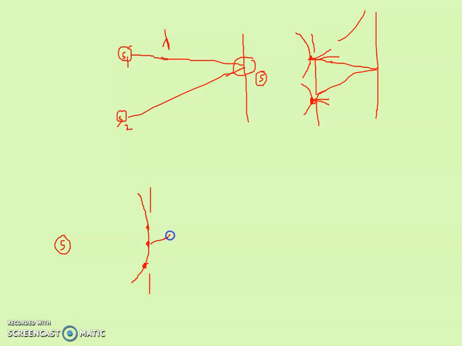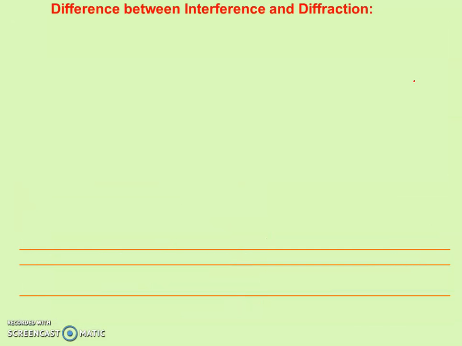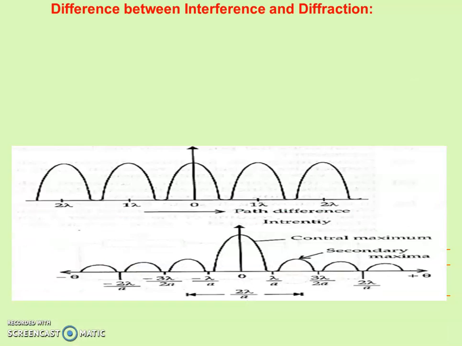After emitting the wavelets from these secondary sources, we get the superposition of these wavelets, and on the screen we also get maxima and minima, means bright fringes and dark fringes. But the diffraction pattern is quite different from the interference pattern. Now we are going to distinguish diffraction and interference.